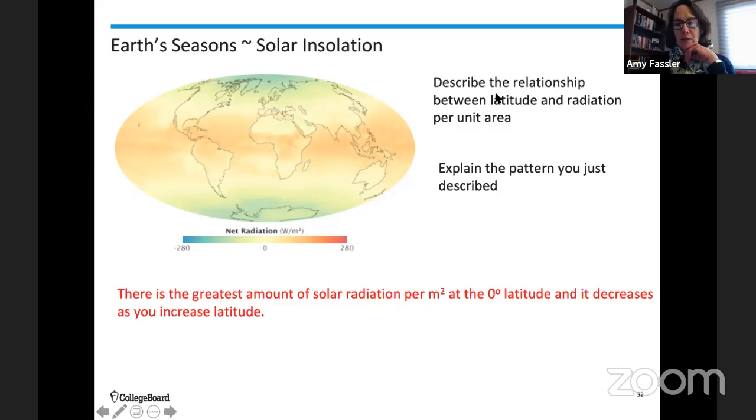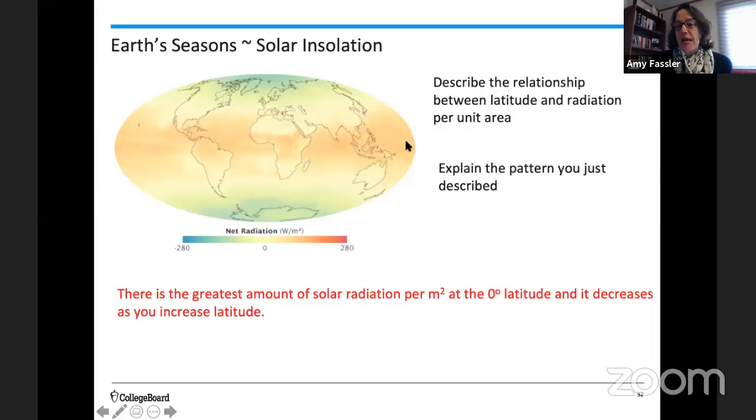You need to be a little bit careful here because it's said to describe the relationship between latitude and radiation per unit area. I need to make sure that I'm explicit. If I simply say the equator and the pole, I really haven't tied in that idea of latitude. So I need to know that the equator is 0 latitude.